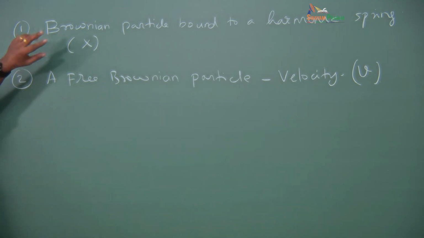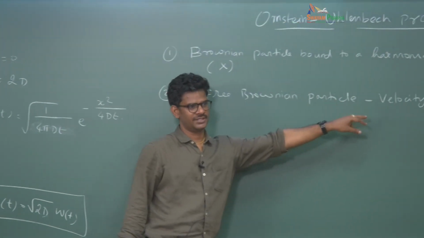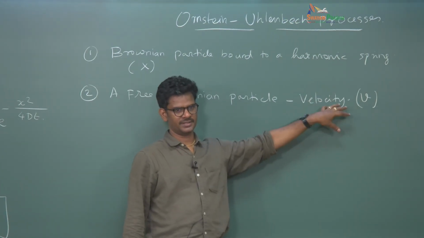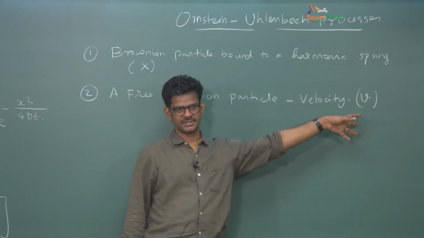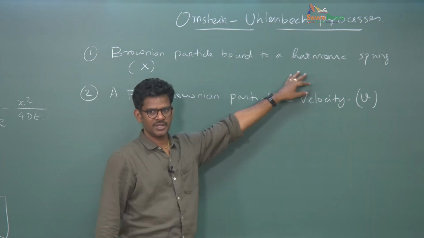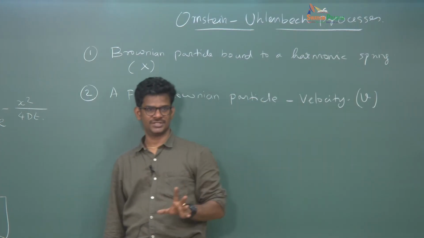So these are two different problems. So here we are talking about free Brownian particle's position. So here I am talking about free Brownian particle's velocity. I wanted to describe the velocity of a free Brownian particle as a random or stochastic process. Here I have a Brownian particle bound to a harmonic potential, and I am interested in the position.